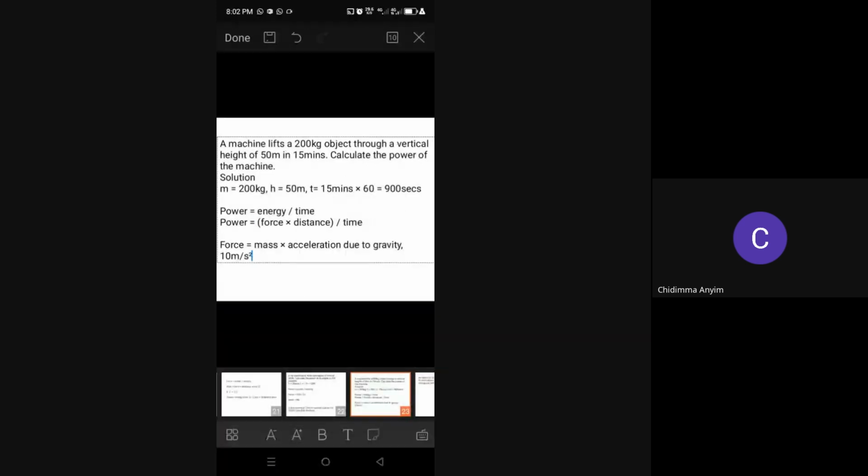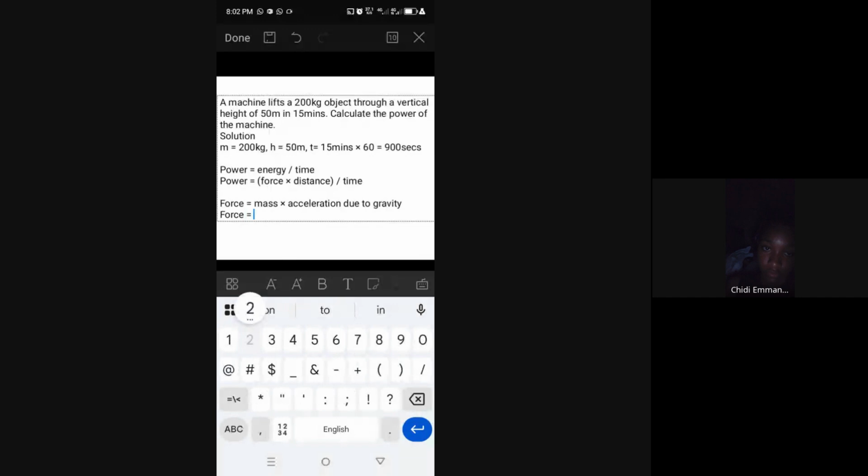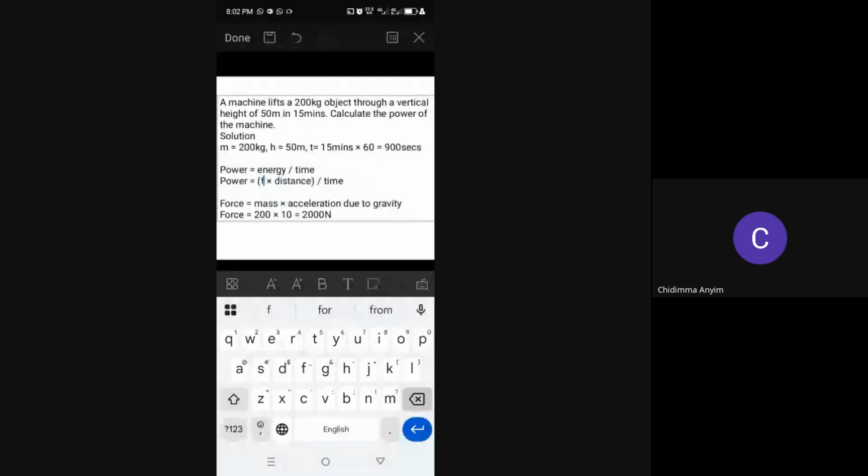You are still with me, right? So force now is equal to, the reason why I had to calculate this force is because I need it in the formula. Mass 200 times acceleration due to gravity 10. 200 times 10 will give me 2000 Newton. So I go into this formula.